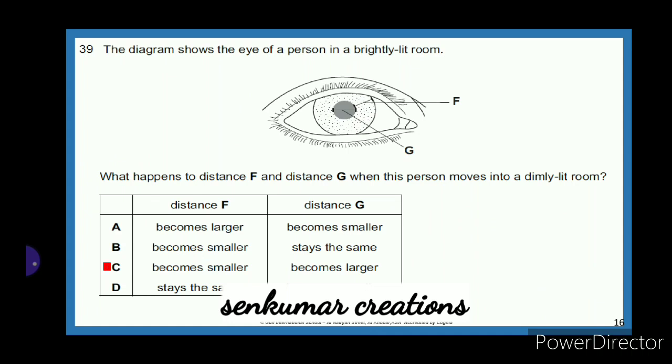Sorry, F is smaller? How? F will not be smaller. That is the wrong answer, and G does not become larger because it is a brightly lit room. So the exact answer is A. The distance F becomes larger, it relaxes, and G, the pupil size, becomes smaller. So A is the correct answer. Please correct it.